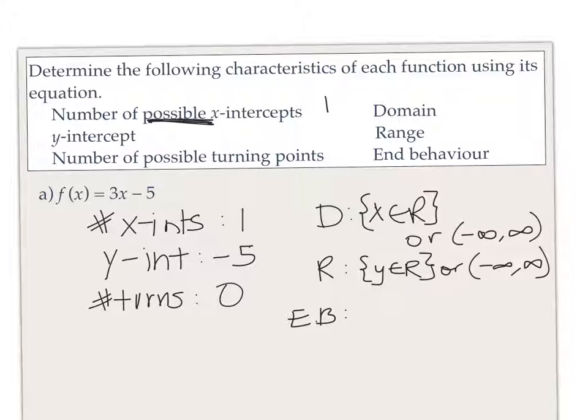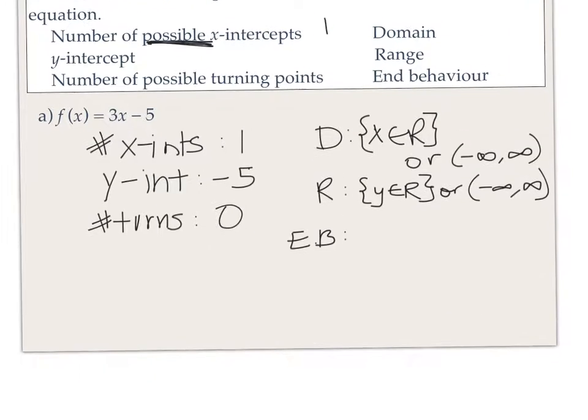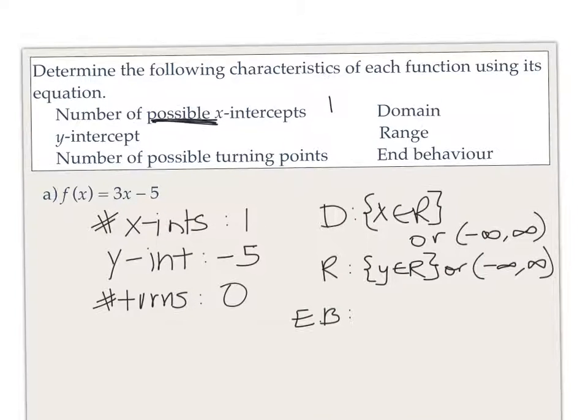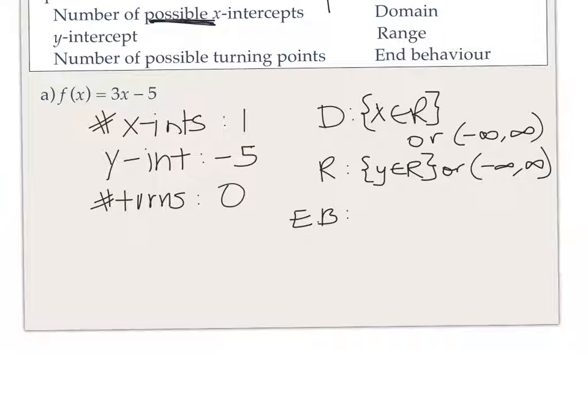Okay, and end behavior. End behavior here is the one you'd probably type into your calculator to take a look at. So the graph here, if I graphed it, would look like this. Remember that we learned yesterday, this is quadrant 1, this is quadrant 2, this is quadrant 3, and this is quadrant 4.